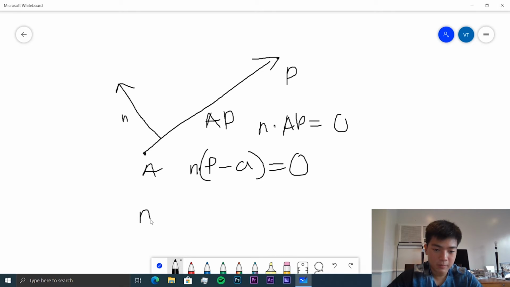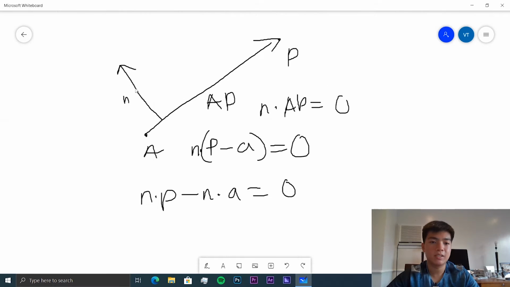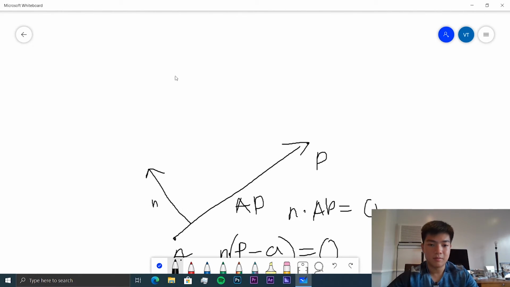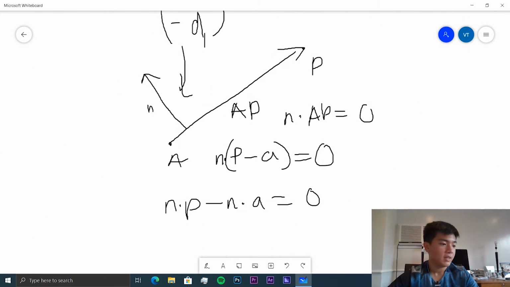So we can also split it into n dot P minus n dot A is equal to 0. And of course, the normal vector will have a direction vector of (d2, negative d1). Now I think we can jump into some questions regarding the things that we've covered.